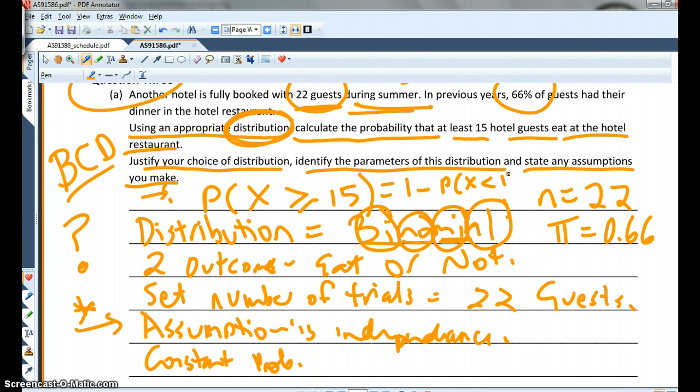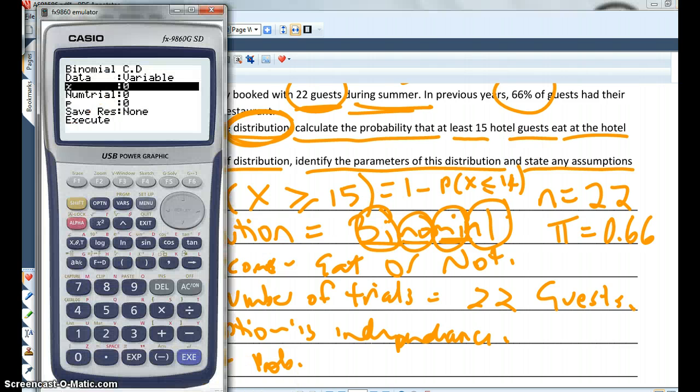But with your binomial, is it less than or equal to or less than? It's less than or equal to, so I've got to go less than or equal to 14, don't I? Yep. So I'm going to go 14, and the number of trials 22, and the constant probability 0.66.